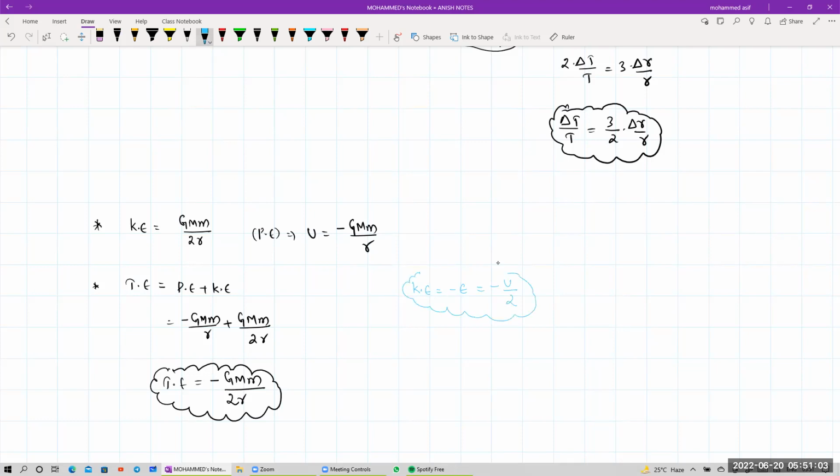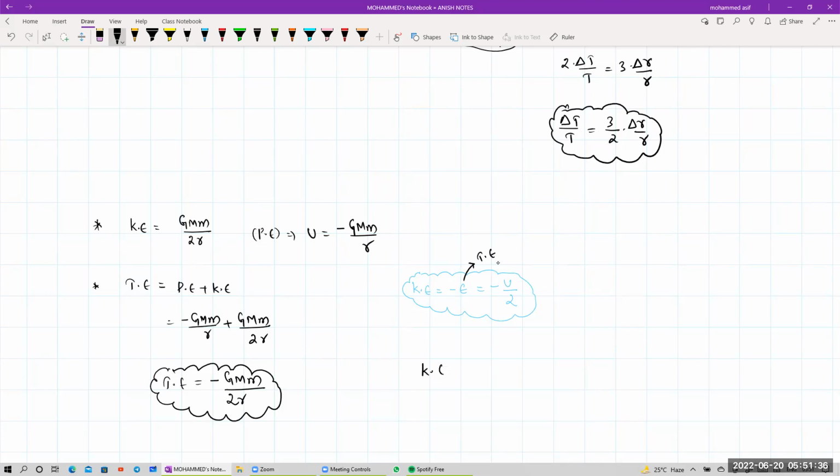Kinetic energy is negative of potential energy, you can write that down. Kinetic energy is nothing but the negative of potential energy. This is your total energy.